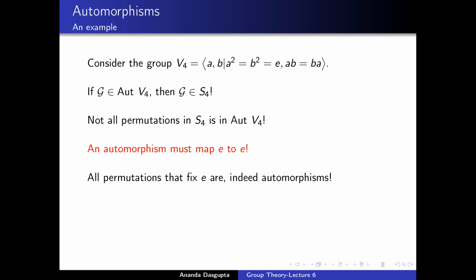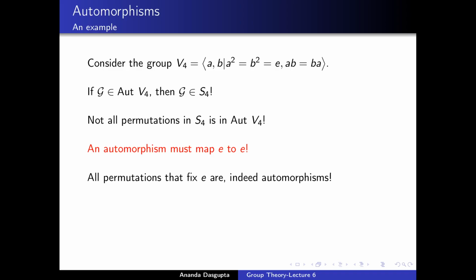But that in itself is not a huge restriction, because all the 3 elements of the group, other than the identity, all of them are non-identity elements, of course, but they all square to the identity. So curly G of A could be any one of A, B and C, and that would not violate the demand that whatever it maps onto has to square to the identity. Okay. So A can be either A, B or C.